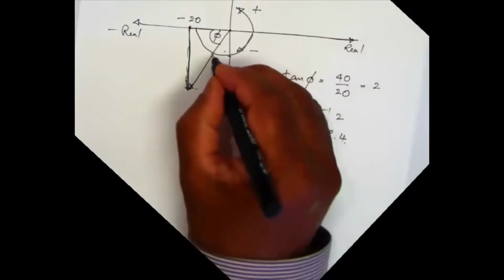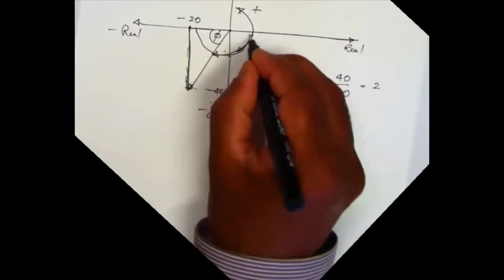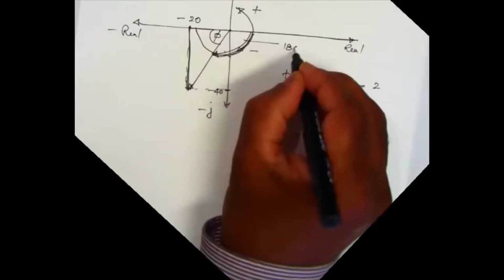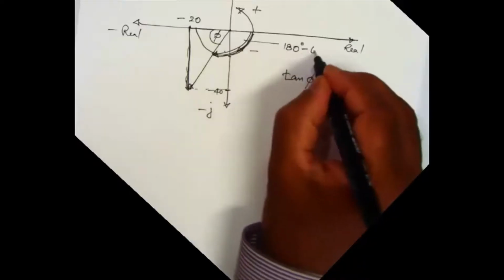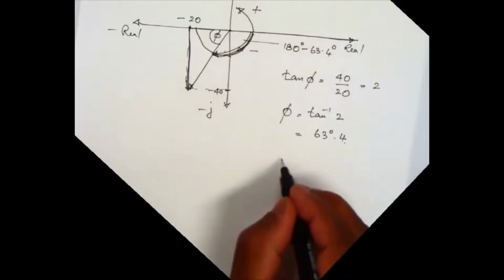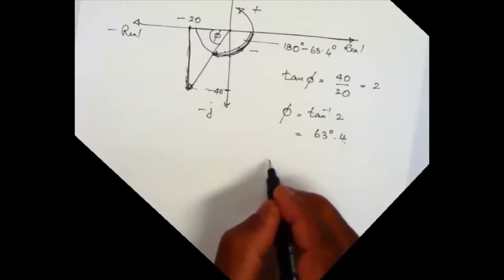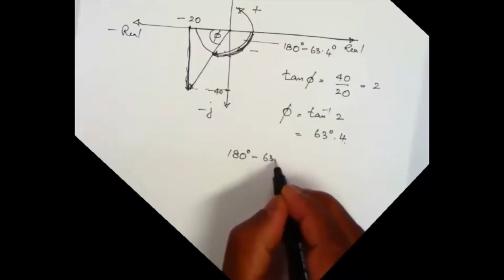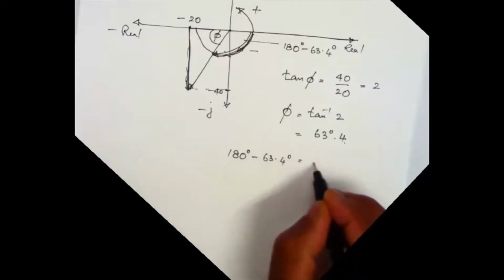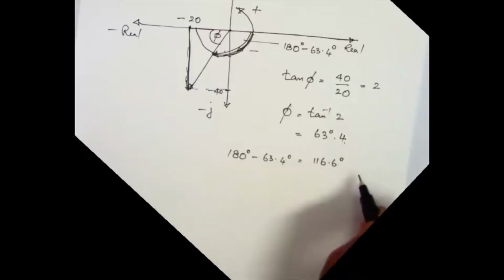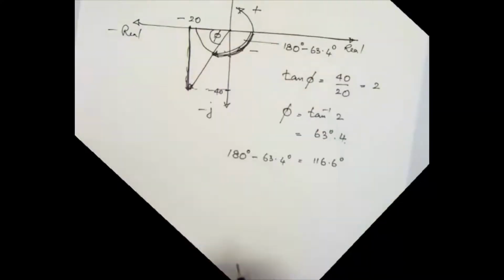So the angle that we are interested in is 180 minus 63.4, which is 116.6, and that is in the negative direction.